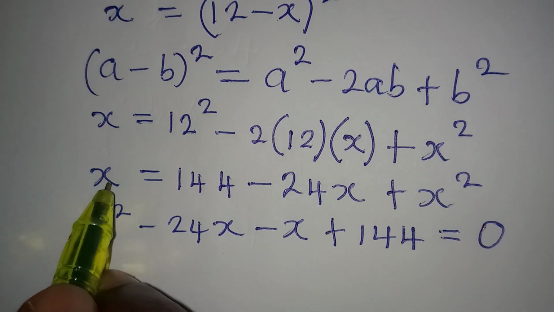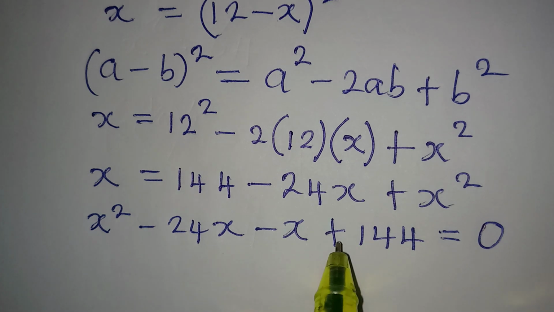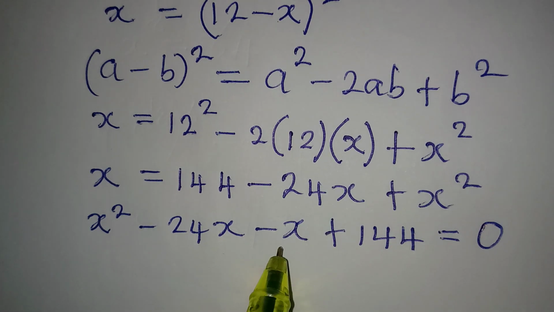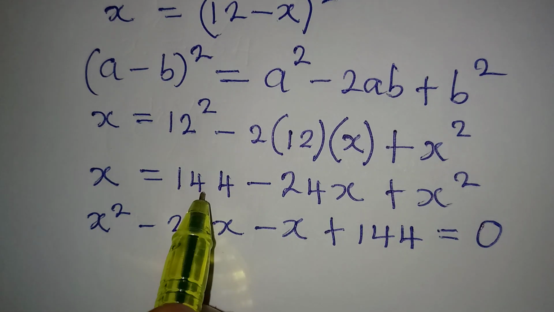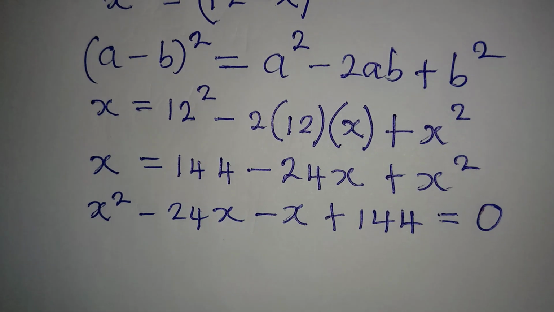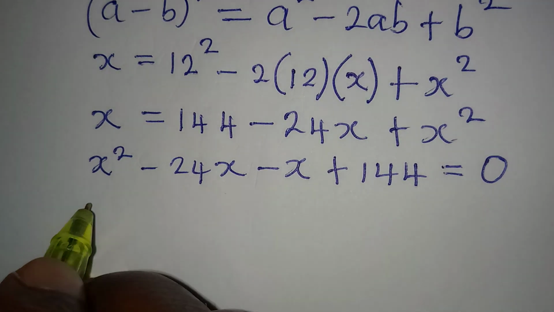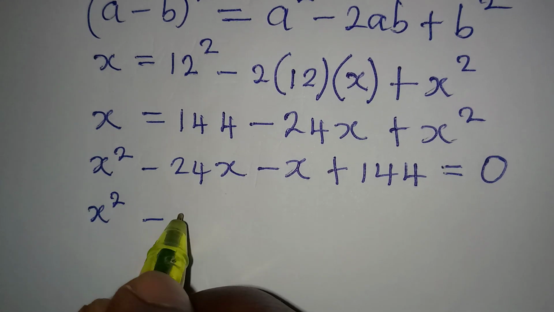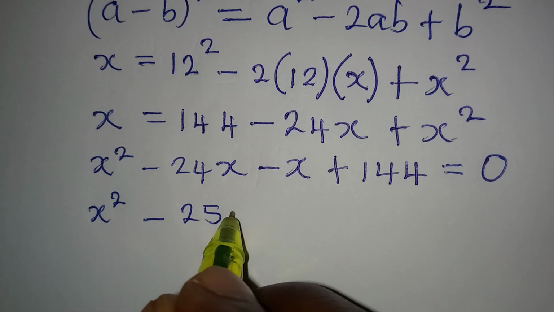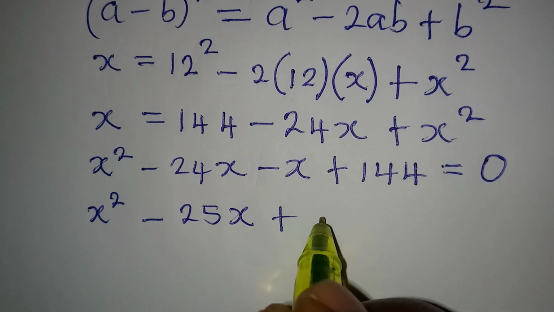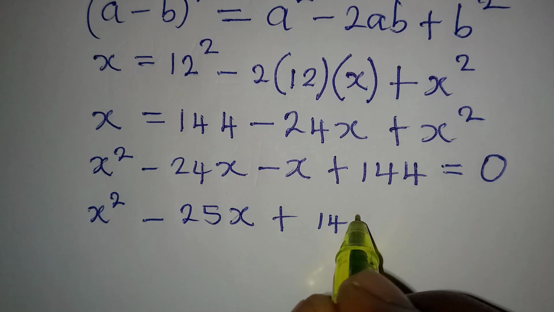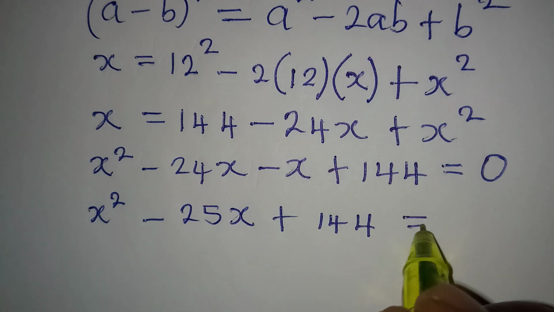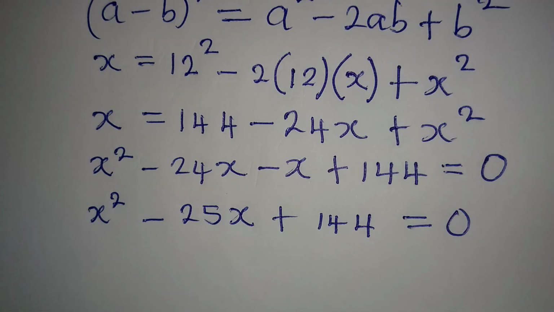This is positive, but meeting with the others, it turns to negative, right? And plus 144 is still there. Now, this means that we're having x to the power of 2 minus 25x, then plus 144 is equal to 0.